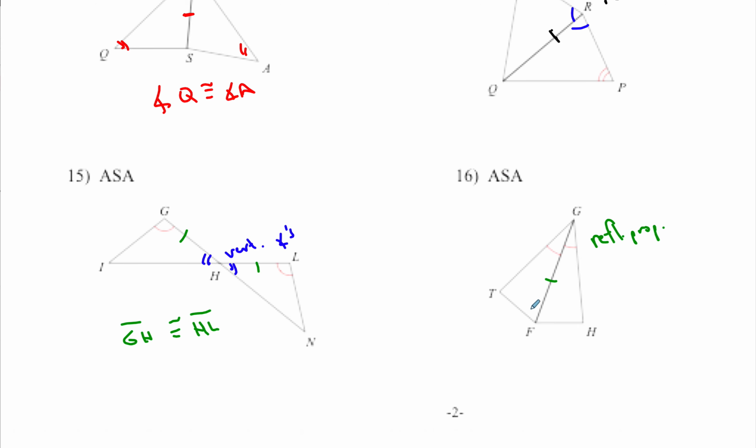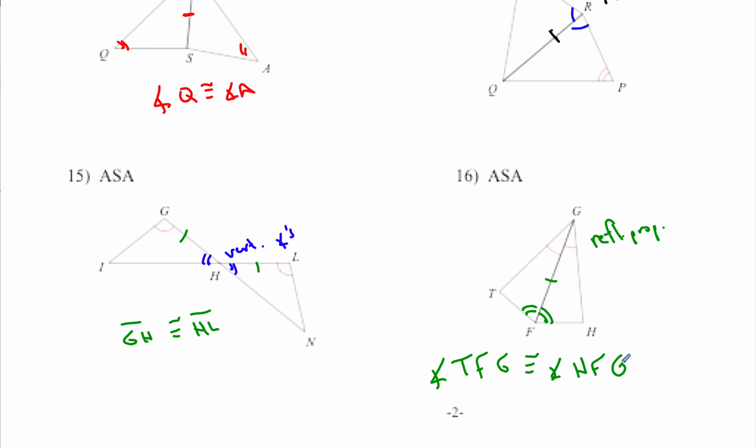Oh, it's angle, side, angle. So it must be these angles here because those are the only angles that would make that side between them. Oh no, I have to use 3 letters, the horror. How about TFG? TFG congruent to angle HFG.